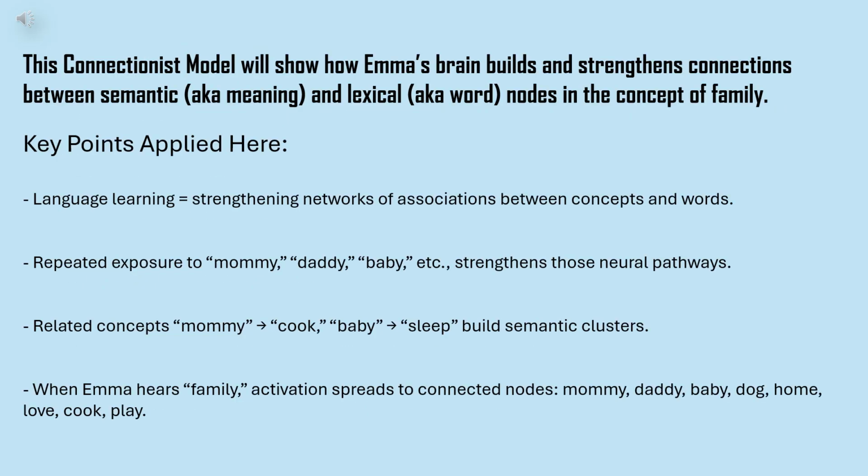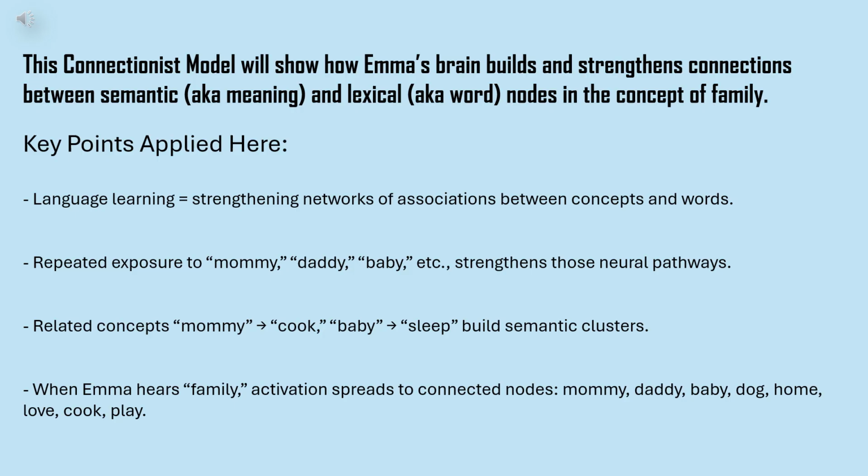Now here's where connectionism really comes into play. The connectionist approach says that language learning happens by strengthening networks of associations between concepts and words. You can kind of picture it like a web in the brain. Some nodes represent sounds or words, and the others represent meaning. Each time Emma hears or says mommy, daddy, baby, those pathways in her brain become stronger.